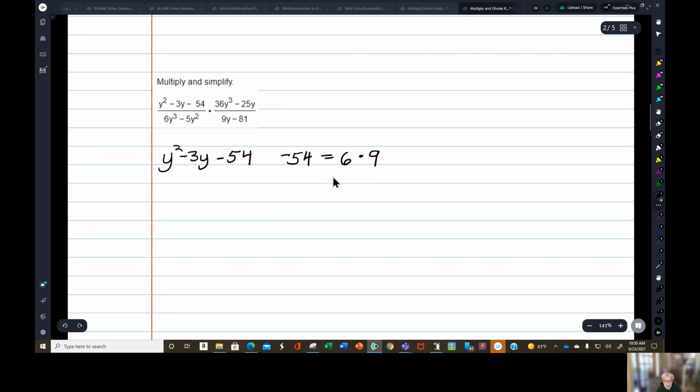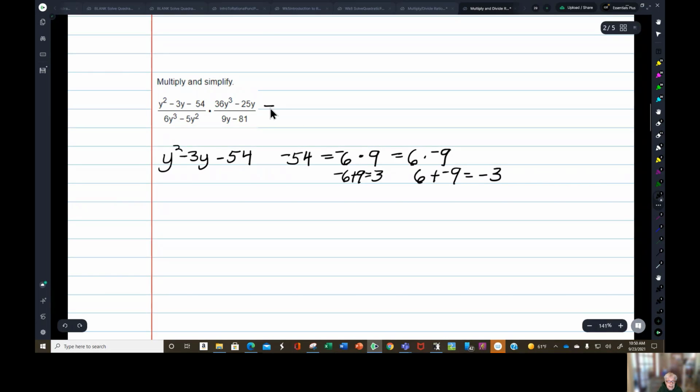Negative 54 equals negative 6 times positive 9. It also equals positive 6 times negative 9. But look at this. I'm looking for a negative 3. Well, negative 6 plus 9 equals positive 3. Positive 6 plus negative 9 is really negative 3. So these are the two numbers I'm going to use.